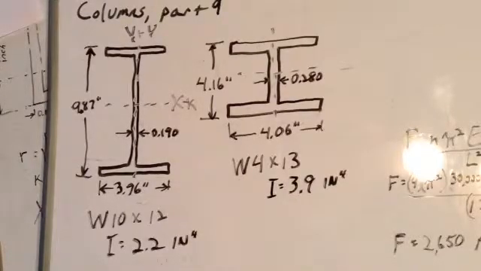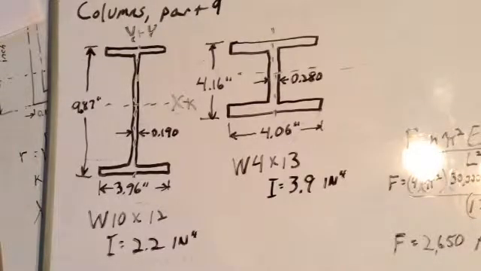Okay, this is why a 10.83 foot long W4 by 13 beam has the same slenderness ratio and the same allowable stress as an 8.5 foot long W10 by 12 beam. If a W4 by 13 is only 8.5 feet long and fixed at both ends, it will be allowed a load of 65,500 pounds and stress of 17,100 pounds per square inch.